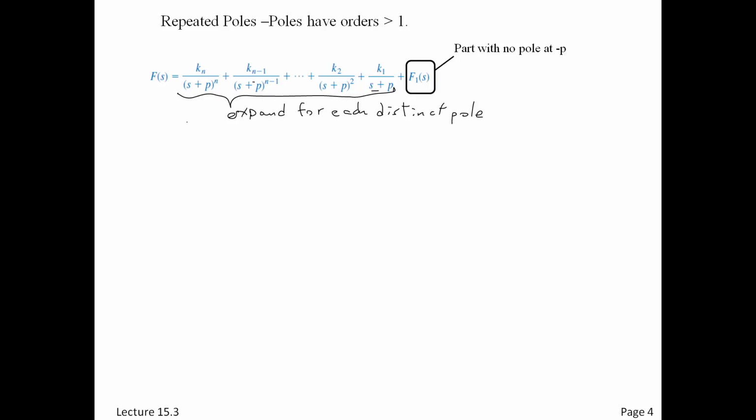Because I'm comfortable knowing that the Laplace transform of the whole n of s over d of s can be composed of these repeated ones here, again, where I've said this, plus whatever's left over. And this is the part that has no pole at P. Okay? We'll deal with that one later, in the same way.